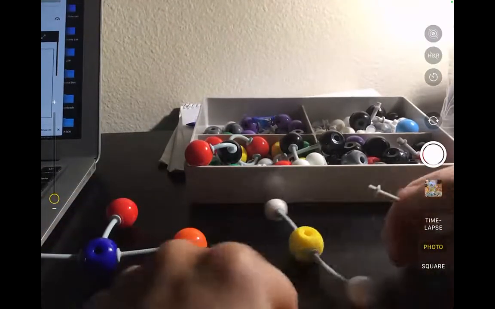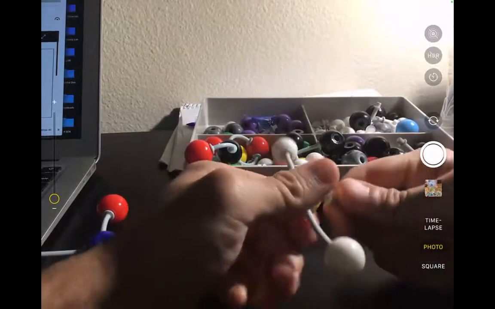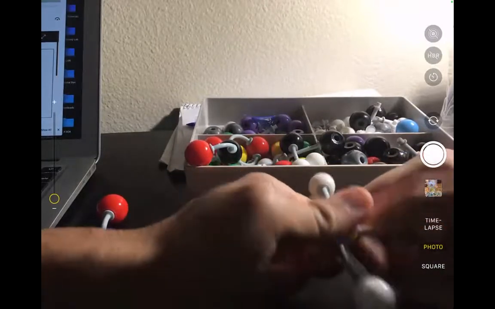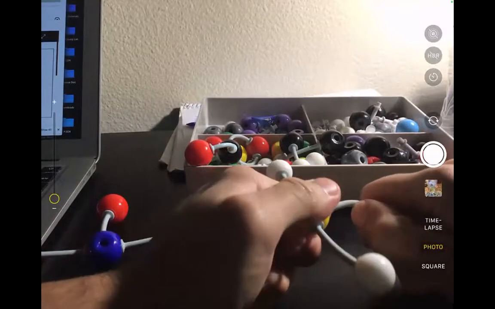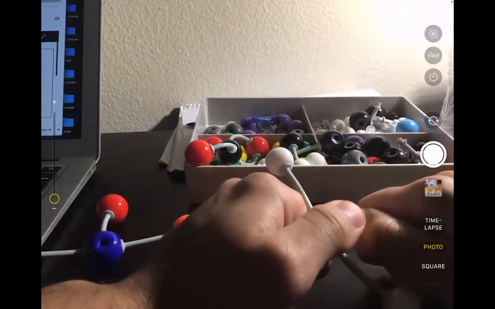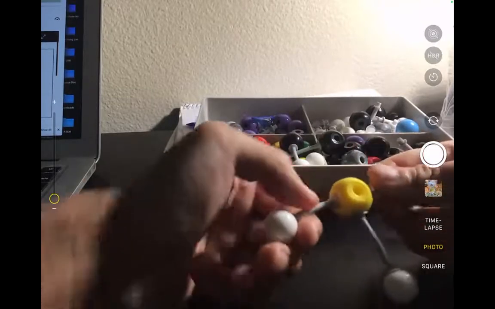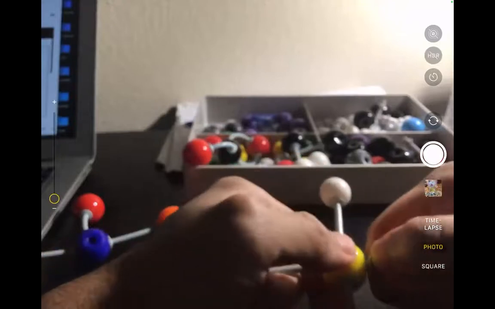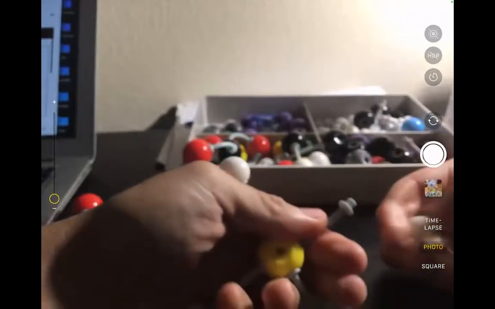So here's another one. Now, the way that you guys are going to develop this molecular structure is going to be a square planar, because that's the molecular geometry that we identified XeF4 to have.